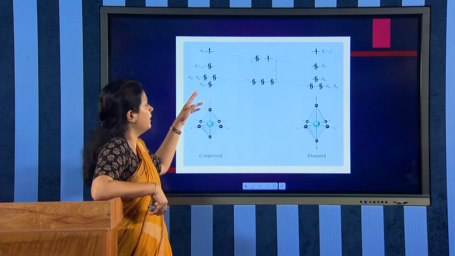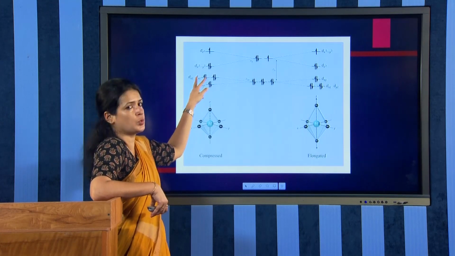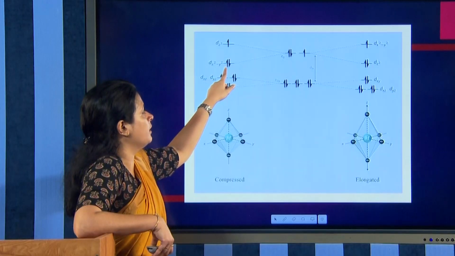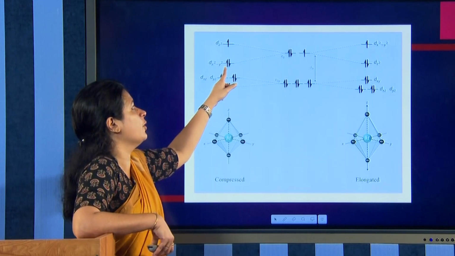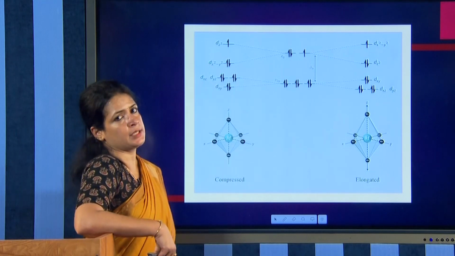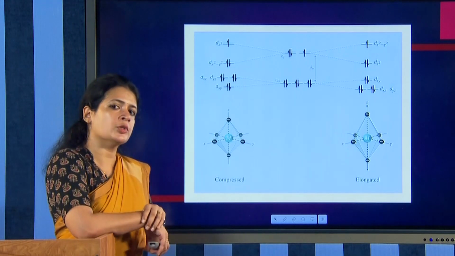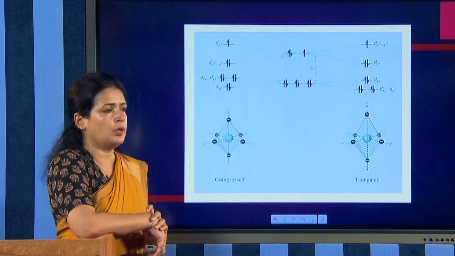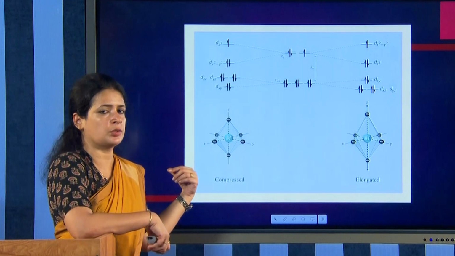When electrons are filled, after 6 electrons in the T2g, the 7th will be in the dx square minus y square, the 8th in the dz square, and the 9th will occupy the lower energy dx square minus y square. So, tetragonal compression is also called Z in distortion. So, we have two types of distortion, Z out and Z in distortion.